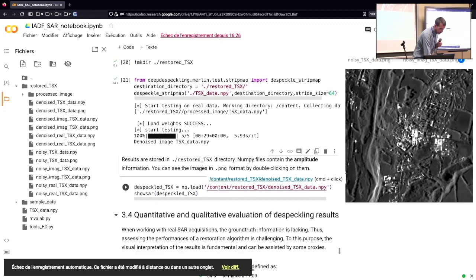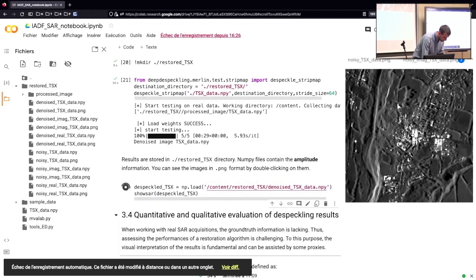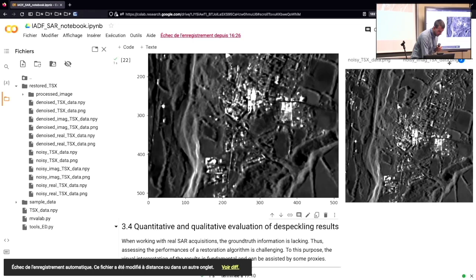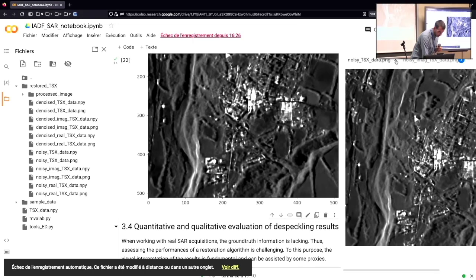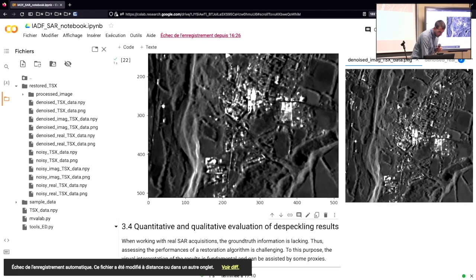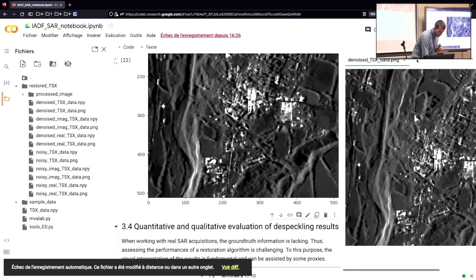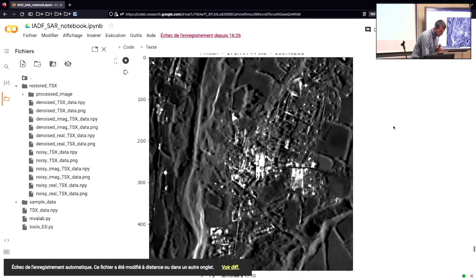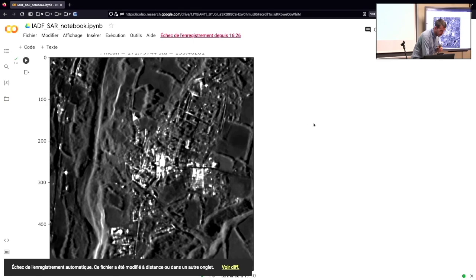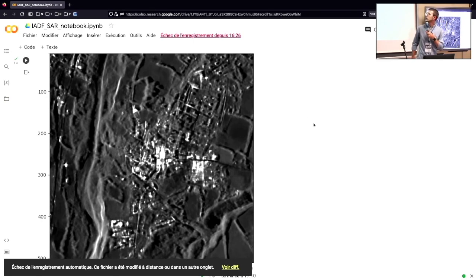We're also going to read it here. I'm going to close this window. And that's the result that you can get if you apply our neural network to the SAR image.